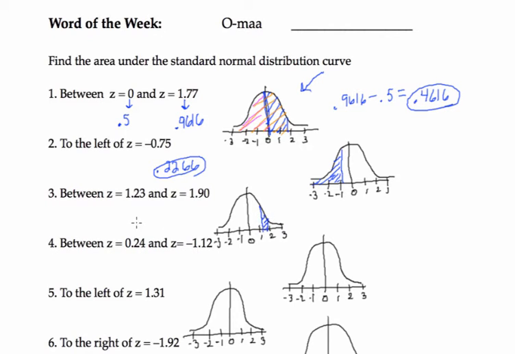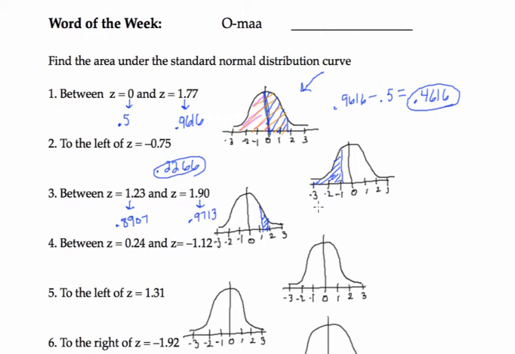Number 3, the area between the z-score of 1.23, that's about here, and 1.9, that's about here. When you're looking between, you want to subtract the probabilities. So use your table. The probability that you're to the left of 1.23 is 0.8907. The probability that you're to the left of 1.90 is 0.9731.